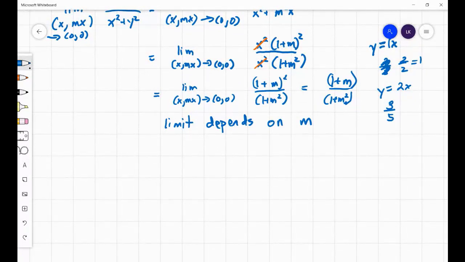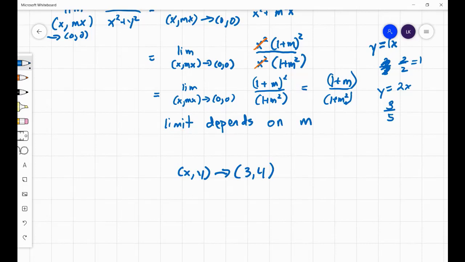Because they're doable problems, we could approach some other points that are not the origin, but it's just a matter of translation. If you're approaching, say, the point (3, 4), you could always just shift the origin to the point (3, 4).